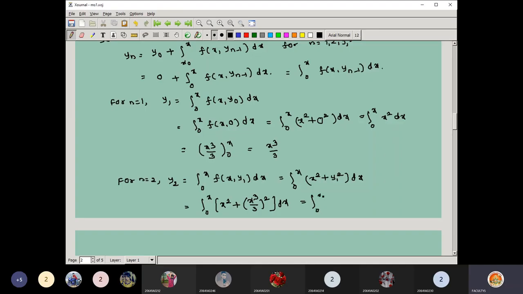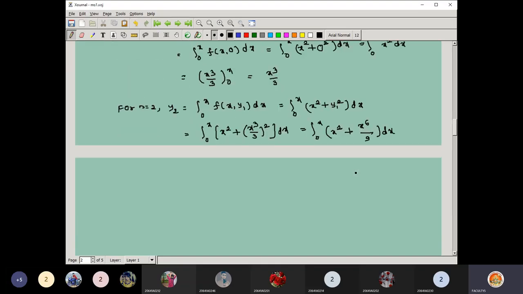So do the simplification: 0 to x, it becomes x square plus its square, which is x to the power of 6 divided by 9, dx. So now you find out the integration with respect to x for that. It is x cube by 3 plus, 1 by 9 is a constant, x power 7 divided by 7.